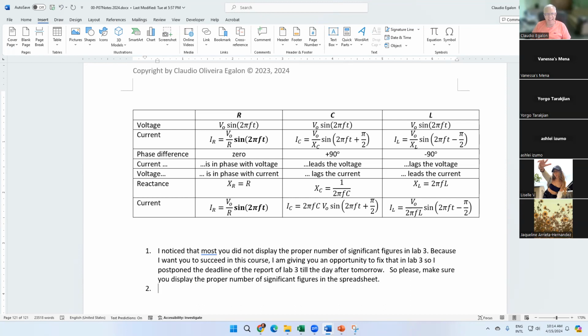I have yet to see the significant figures for lab 4 and 5. Please do the same for the spreadsheet of the reports of labs 4 and 5.